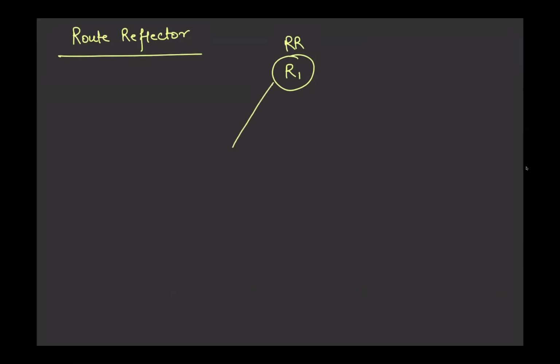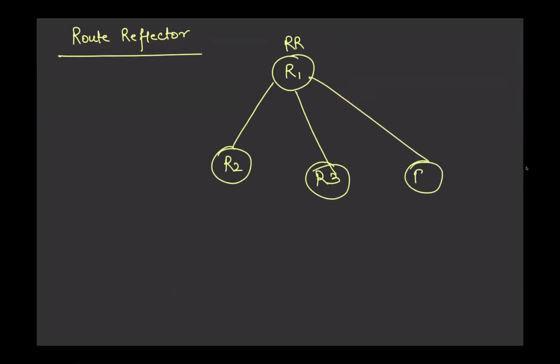Then all other routers are gonna be connected. Although they are connected with each other as well, your IBGP peering is gonna happen with the route reflector.